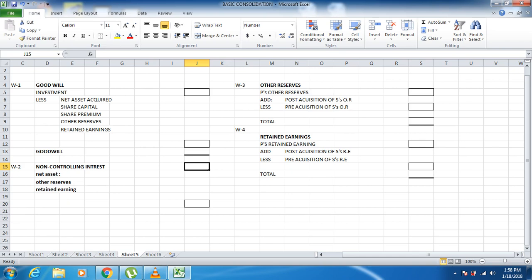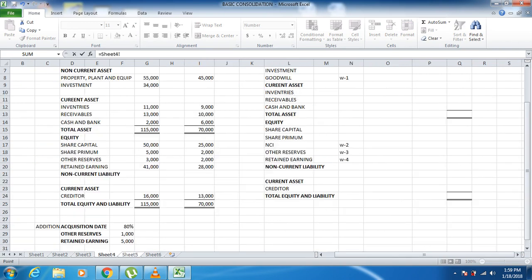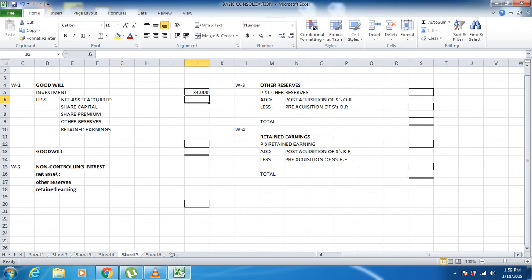Here we write the investment amount. Less net assets acquired.